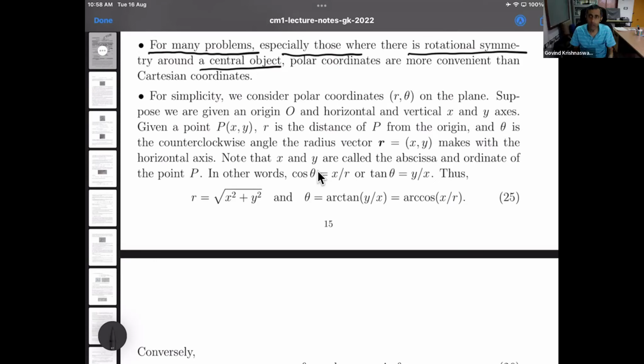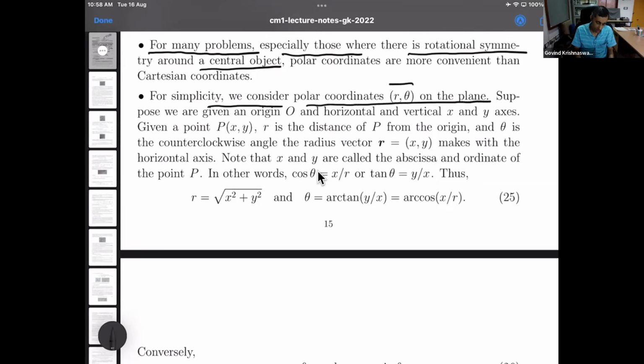There again, it might be quite helpful to use polar coordinates. You're right. So where there is some kind of point source or a point sink, those are definitely candidates for such treatments. Now, for simplicity, let us consider polar coordinates on the plane.